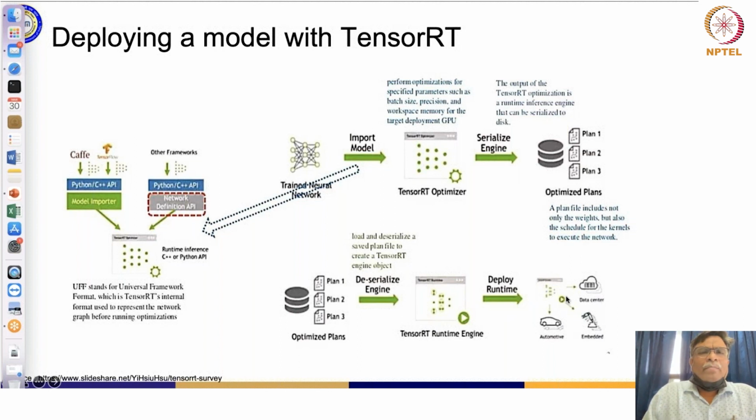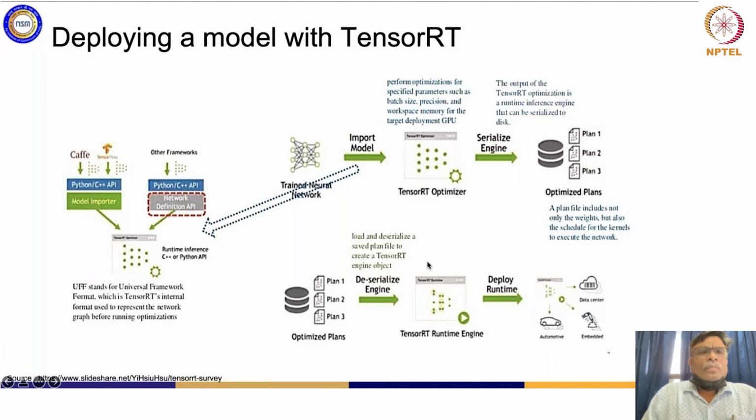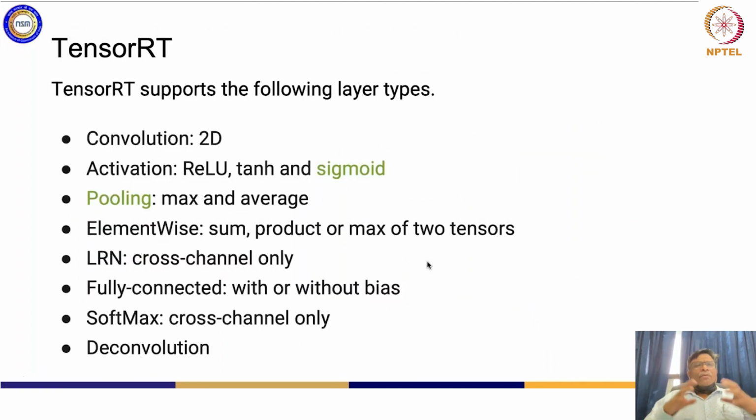Now today, we'll try to understand that when we are working with TensorRT, TensorRT supports the following layer types. What does it mean?